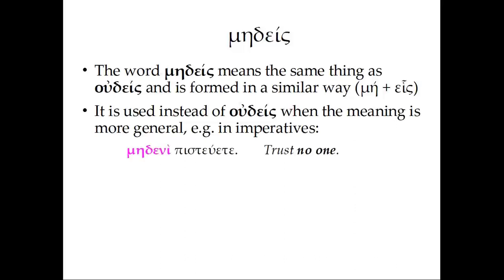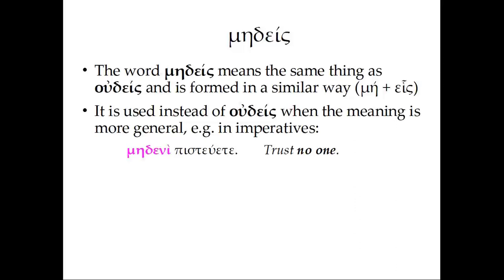For instance, mēdeni pisteuete. Trust no one. That mēdeni is the masculine dative, basically. It would be the same for the neuter, of course. This could be trust nothing, but we usually don't speak of trusting things, but people. And we have here the present imperative, second person plural of pisteuō.